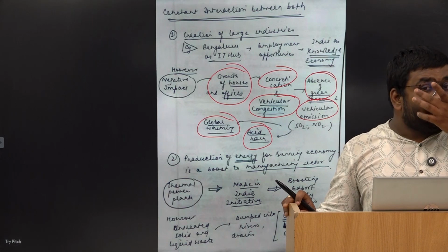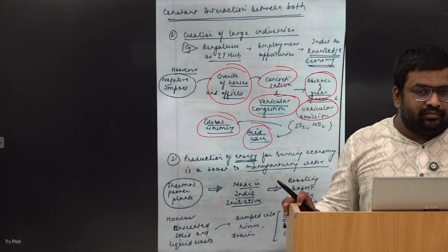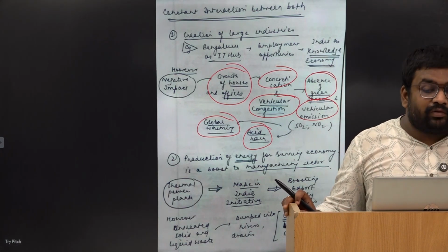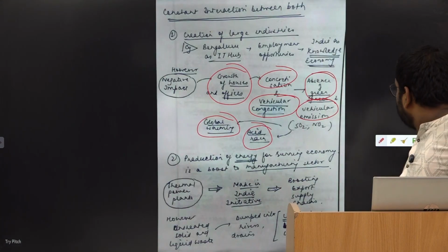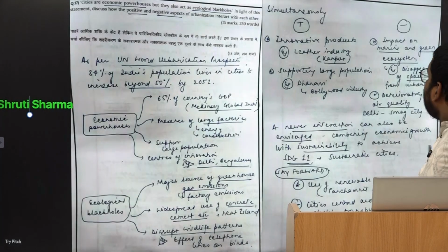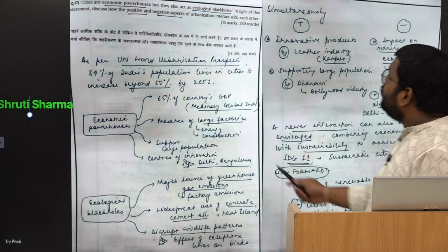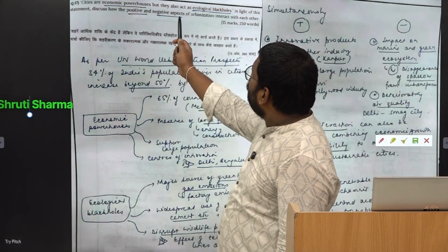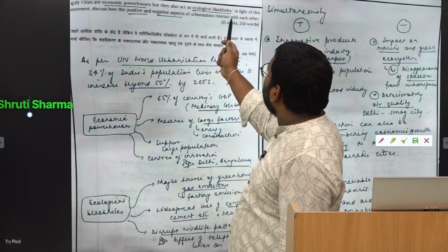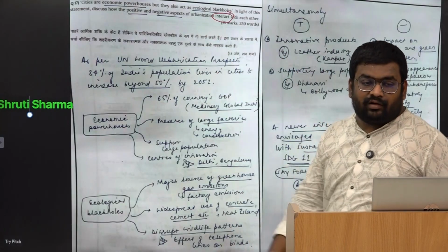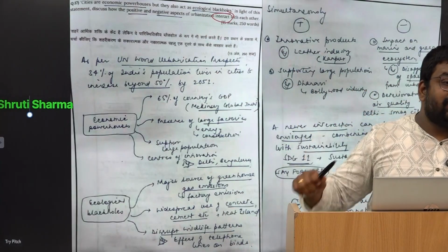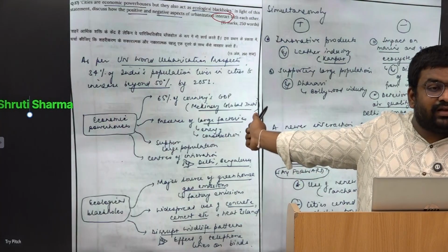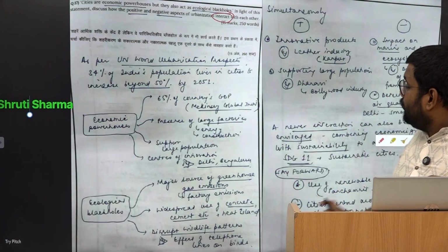If you want, you can read the answers of Animesh also. He has done it in a similar way. Here also, the question itself was asking about the interaction between them: discuss how positive and negative aspects of urbanization interact with each other. That is the relationship between these two, and again you have to highlight that using a diagram.